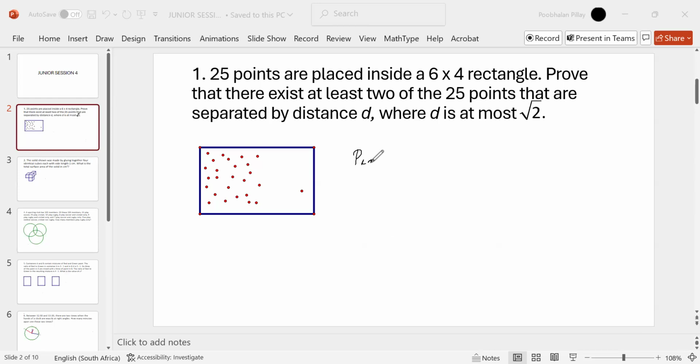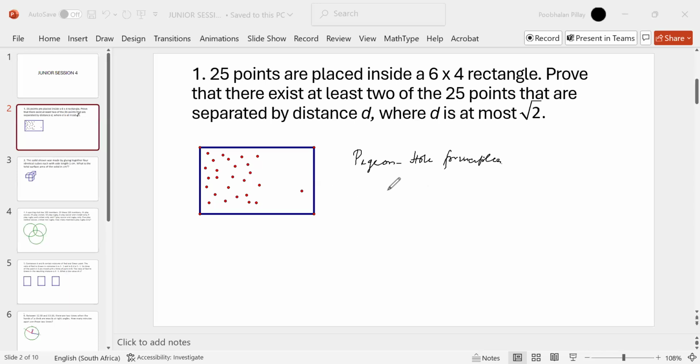this thing here is really an example of what we call a pigeonhole principle. They call this a pigeonhole principle. The reason being that you have a similar kind of problem.